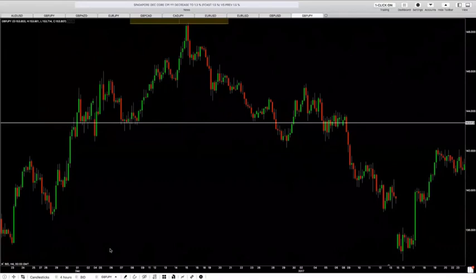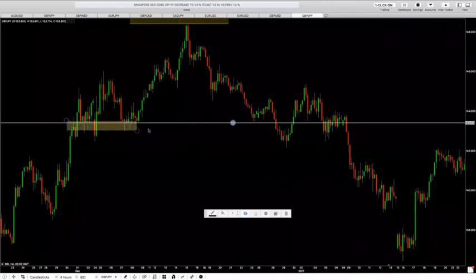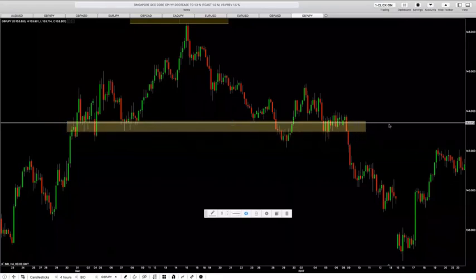What you're looking for is a zone. So what I like to do, when I come to the first support, is get the rectangle and draw it from the body to the wick.